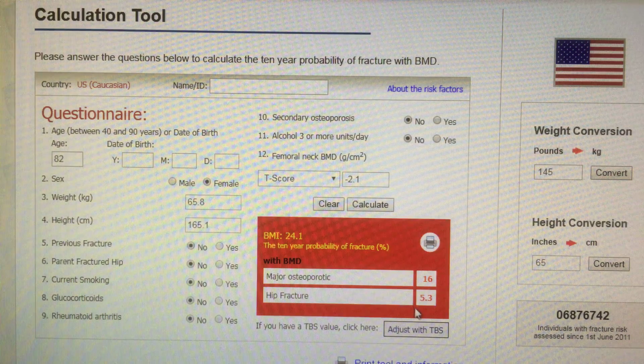Her hip fracture risk is still high at 5.3, and she would benefit from therapy, but her major osteoporotic fracture risk is 16%. It's less than 20%. So major osteoporotic fracture risk includes hip, spine, proximal humerus, and forearm, as in a fall on the outstretched hand.